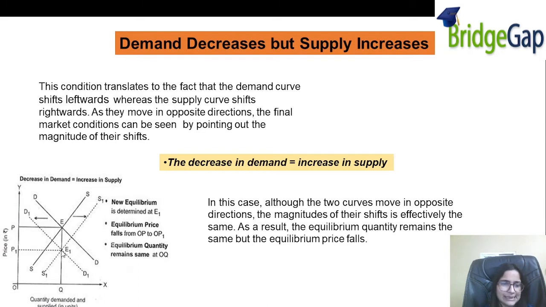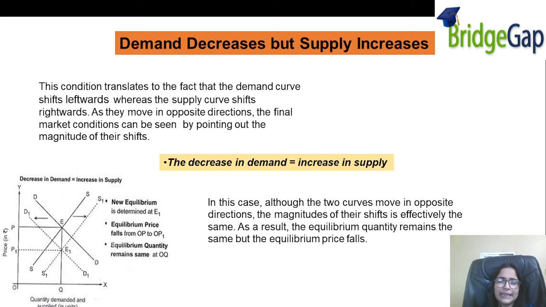That is, in this case, the equilibrium price was first at P, now the equilibrium price will be P1, that is, it will be lower, and the quantity will remain constant because the decrease in demand is equal to the increase in supply. So in this case, although the two curves move in opposite directions, the magnitude of their shifts is the same.